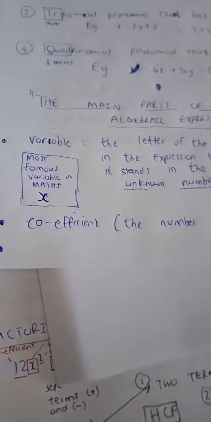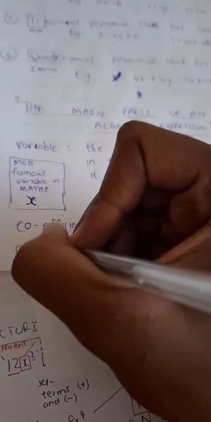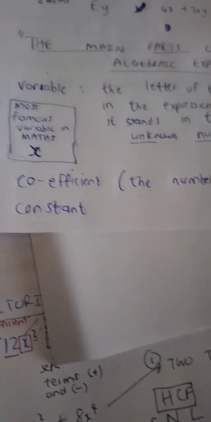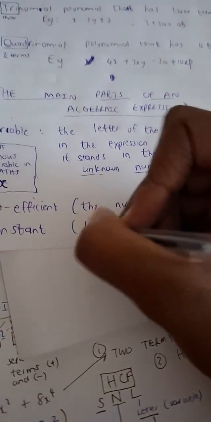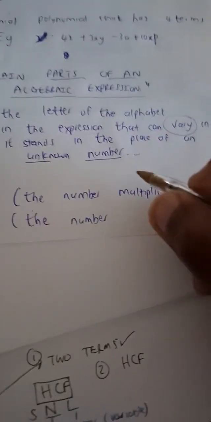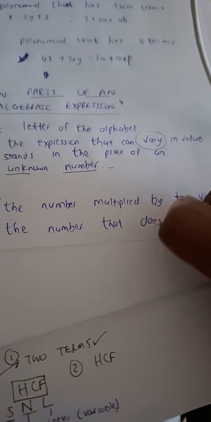Then there's the third and last component, the constant. The constant. Okay. So the constant is what? It's the number that doesn't change.